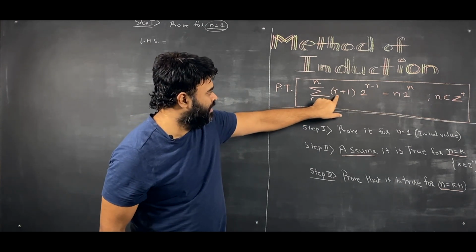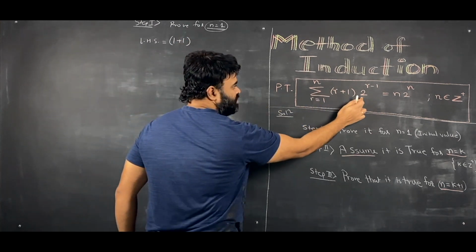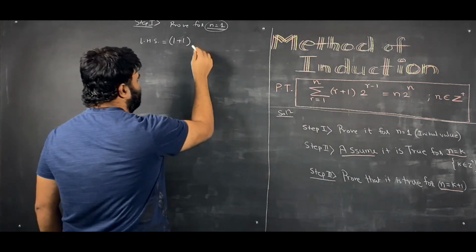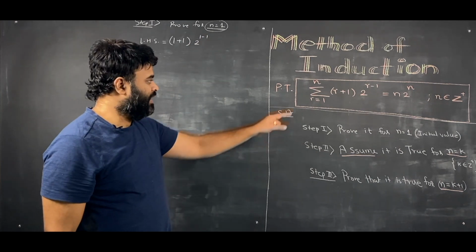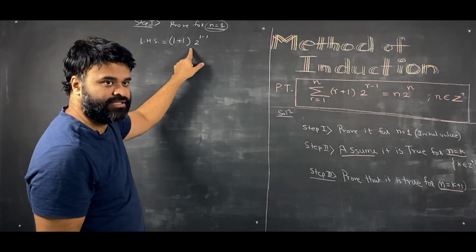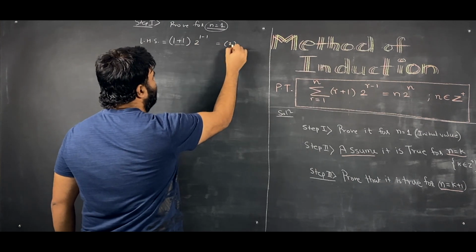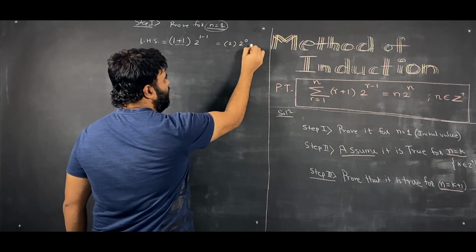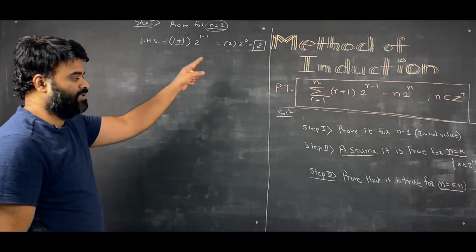This will become 1 plus 1, and this is 2 raised to 1 minus 1, because r is 1. The sum goes from 1 to 1 only, and I put that value in. Let's see what we get here. This is 1 plus 1, which is 2, and 2 raised to 0 is just 1, so that is just 2. That's what I got as the LHS answer.